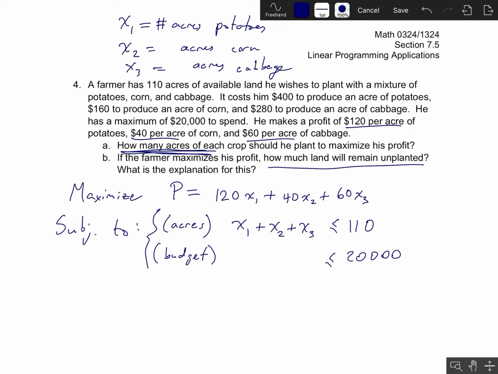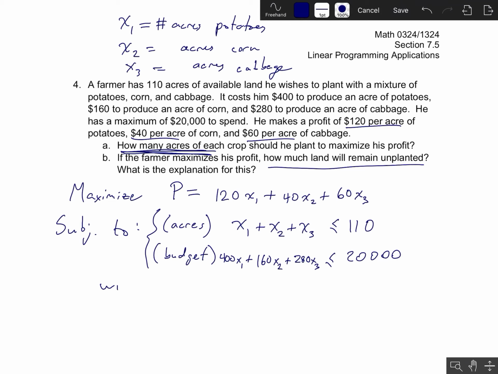Here we know that it costs $400 per acre of potatoes, so the total amount that we're going to spend on potatoes is 400x1. And then it costs 160 per acre of corn, so that would be 160x2 as my cost from corn, and then 280 per acre of cabbage times the number of acres of cabbage that we make. So that will give me my total budget.